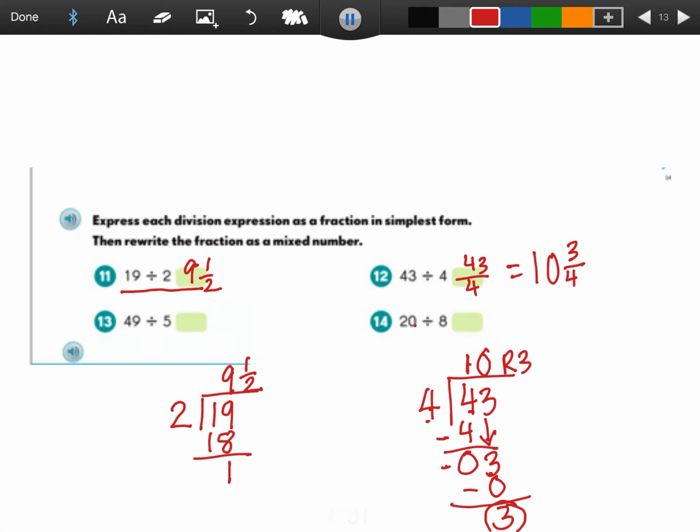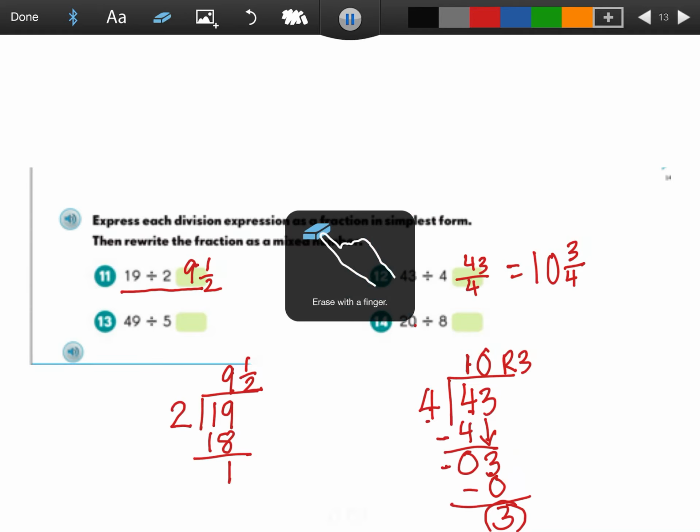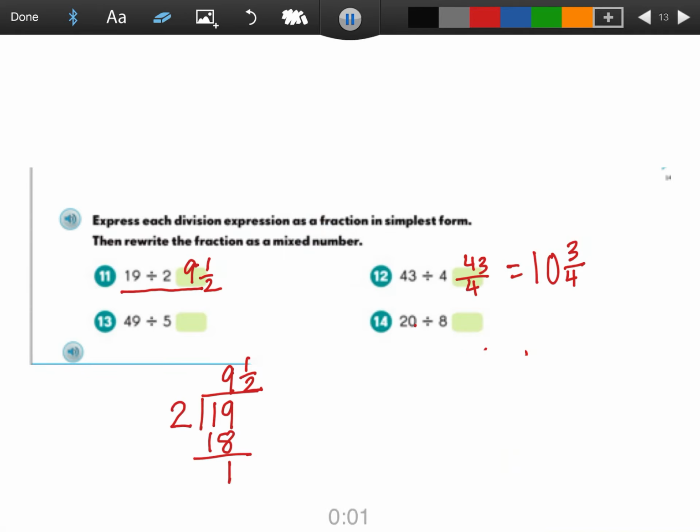Okay. 20 divided by 8, or 20/8. So you could do it this way. We'll try it a different way just to show you. 20 divided by 8 is the same as 20/8. One thing I know is both of these are not the smallest number they could be. They could both be divided by 2.